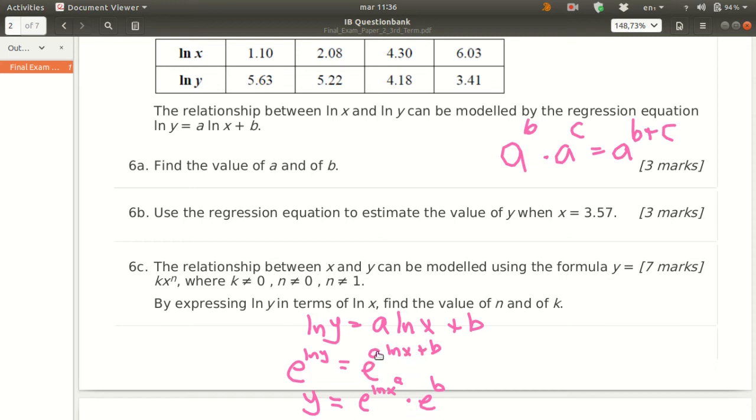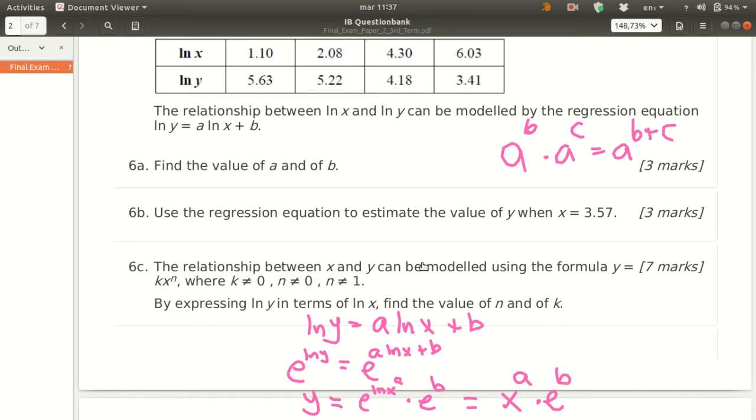And I'm bringing the coefficient up as an exponent. Okay, so what happens with e and the natural logarithm of x? That is canceled. So you're left with x to the power of a times e to the power of b.